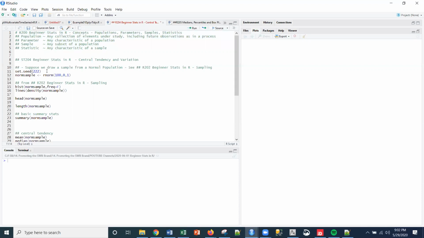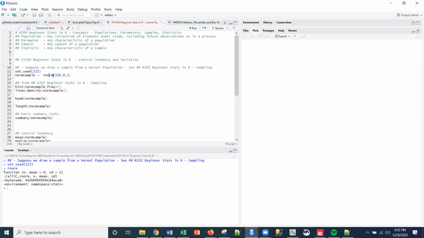We're going to set the seed to 222, which means we can reproduce this over and over and get the same results. Otherwise, if you don't set the seed, you will not get the same results when you do this rnorm. It will change dynamically, stochastically.